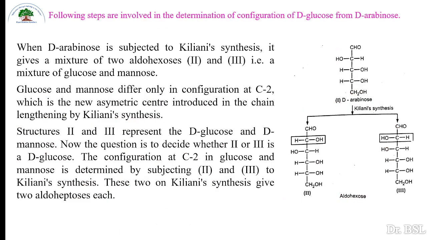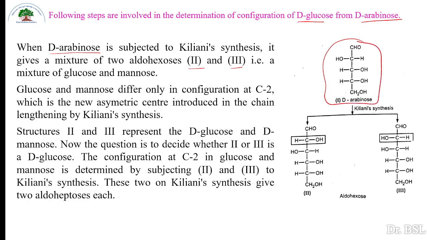From this D-Arabinose, we can define the structure of glucose. The following steps are involved in determination of configuration of D-glucose from D-Arabinose. When D-Arabinose is subjected to Kiliani synthesis, it gives a mixture of aldohexoses, second and third.